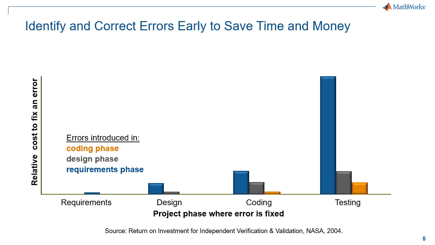This is a slide that captures a diagram seen from a 2004 NASA paper. And really what this is illustrating is the old adage that a stitch in time saves 9. You're looking at, on the y-axis, the relative cost to fix an error as a function of when it's caught and when the error was actually introduced.